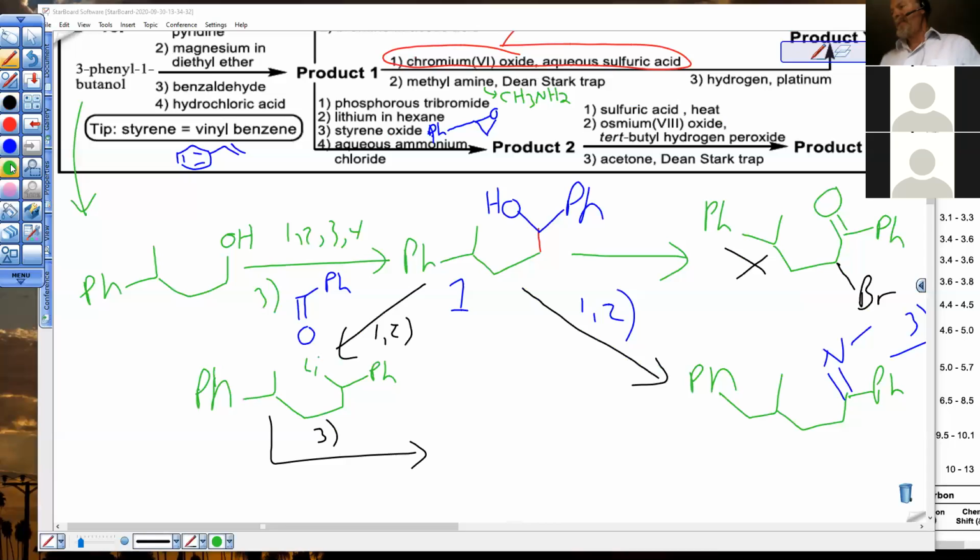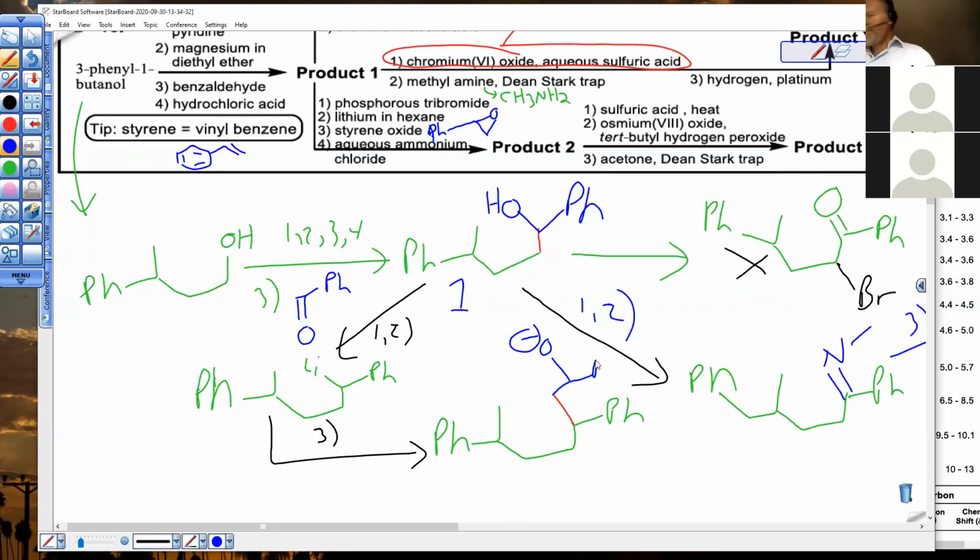Step 3. New bond here to the less substituted carbon there. Goes to a carbon with an O- and a phenyl. Ooh, CH2 phenyl. Well, not paint.